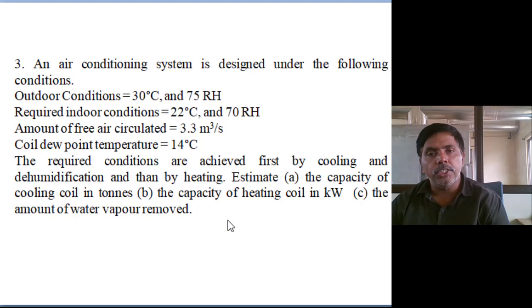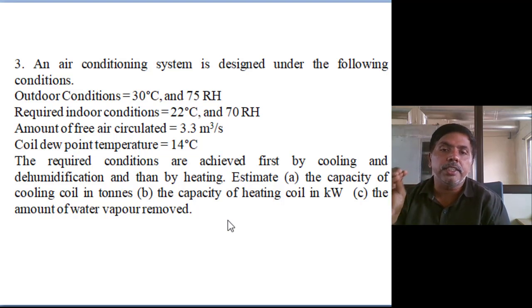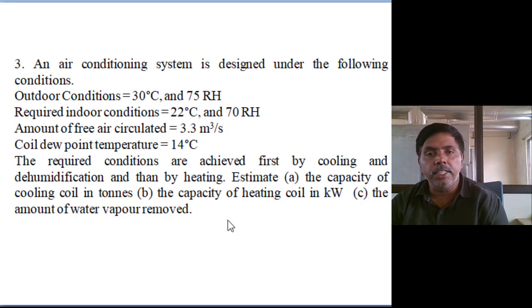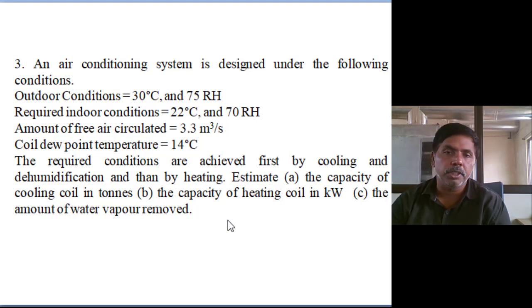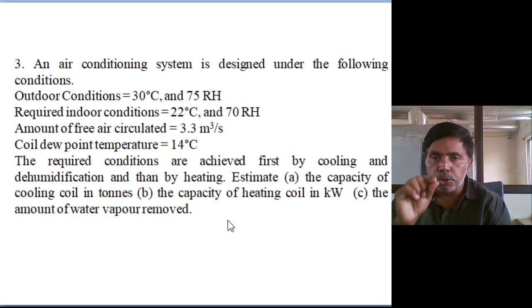Here they have not mentioned 1 atmosphere, but even so, it is 1 atmosphere only. The required indoor conditions, the room conditions that are our target, are 22 degrees centigrade and 70% relative humidity.